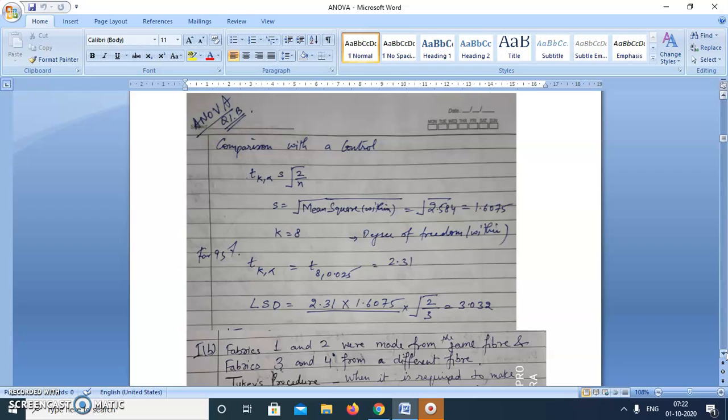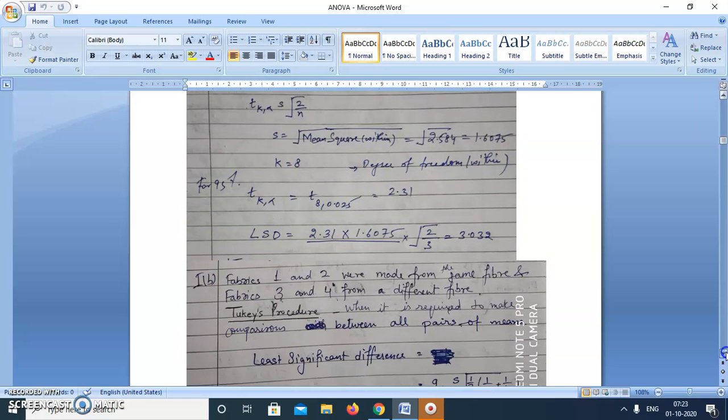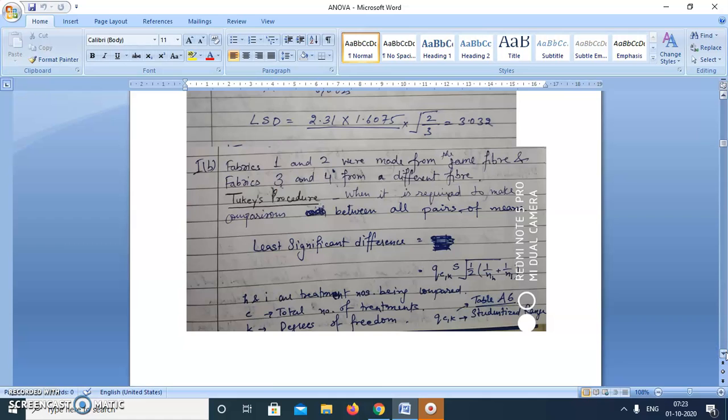Now LSD, that is least significant difference, I have got this value 3.032. So this is the least significant difference. Now you will compare the difference between the means. If the difference between the means of the fabric samples is greater than this, then the difference is significant, and if it is less than this, then the difference is not significant. Now I have shown it here.